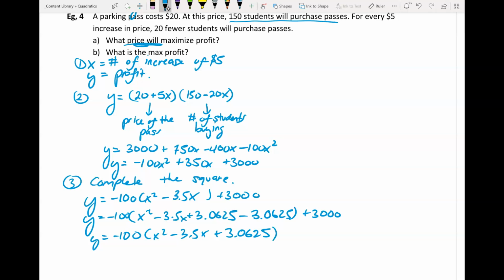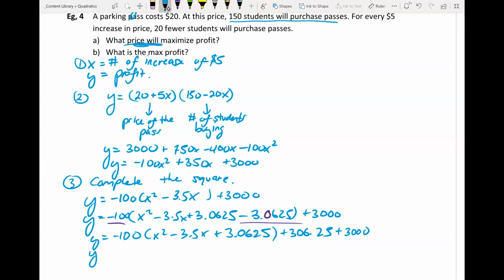So I'm going to have 306.25 on the outside. Remember, you are multiplying this negative 100 and this negative 3.0625 to get this positive 306.25 on the outside.